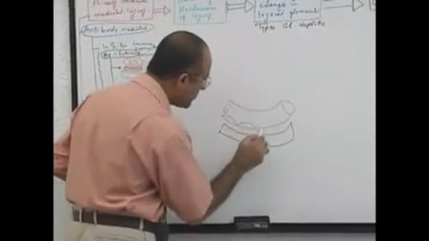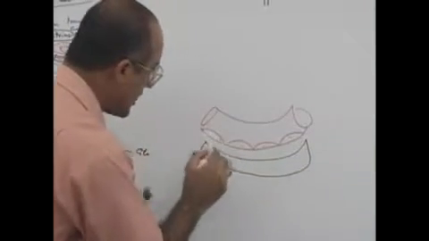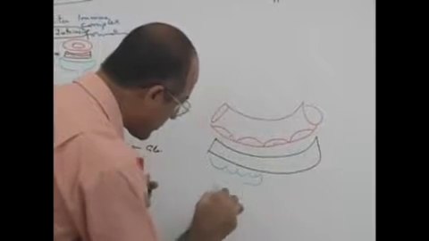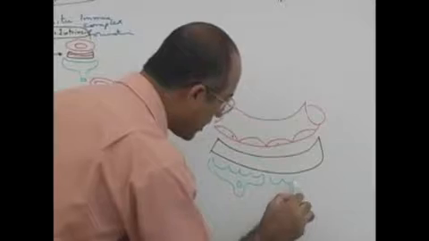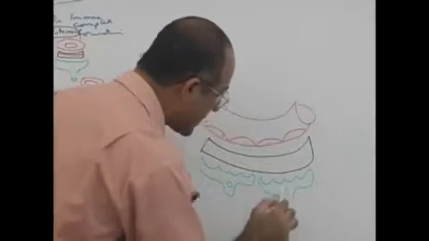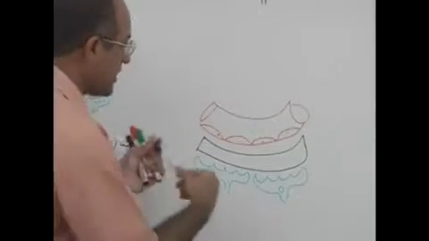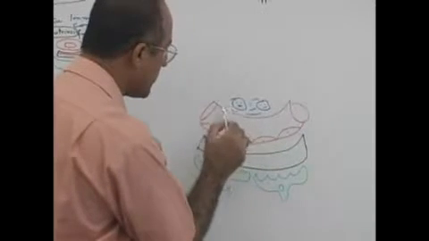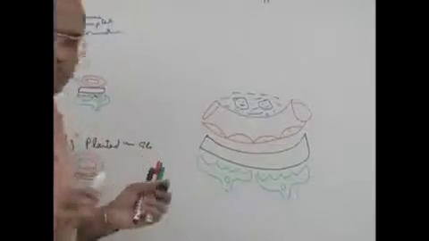What is this cell? Endothelial cells. And what are these cells? Visceral epithelial cells. And of course, no fun in explaining what these are, friends: mesangial cells.